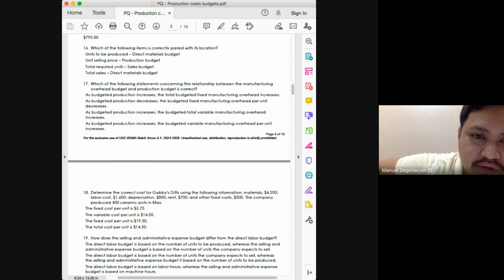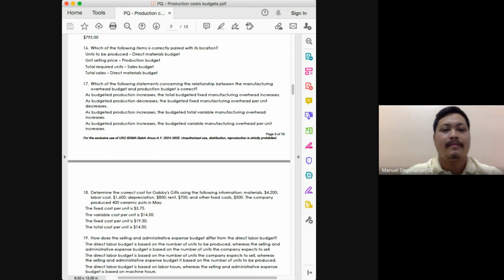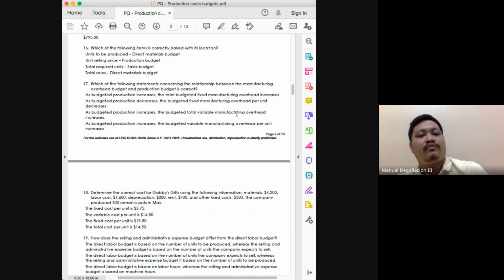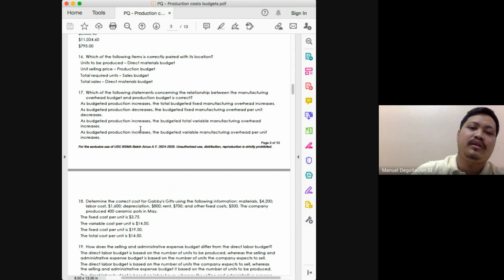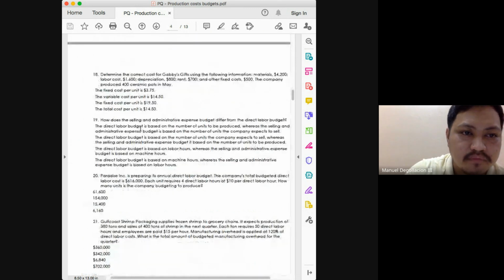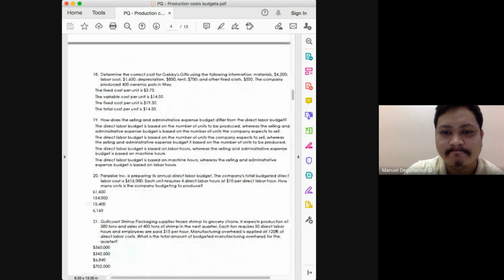The higher the production, the higher the variable cost will be. Whether your variable per unit would remain constant regardless of the level of production, it's the total that would increase or decrease depending upon the level of production. The answer here is letter C. As budgeted production increases, the budgeted variable manufacturing overhead per unit increases. No, again, it will just remain the same. 18.